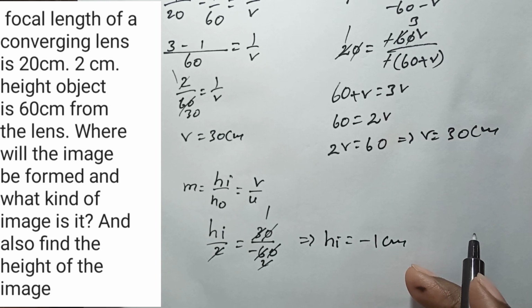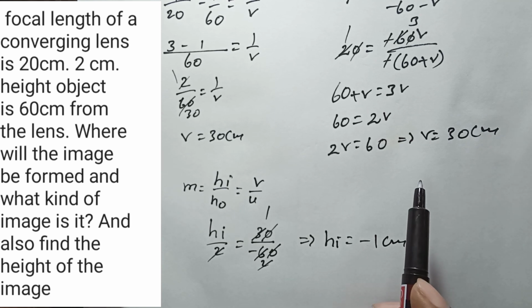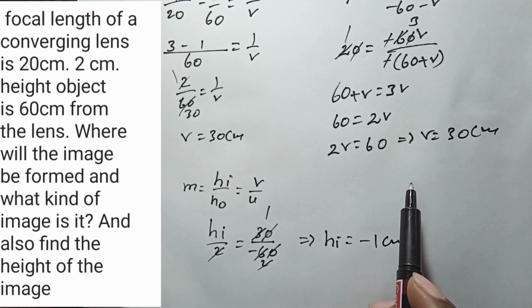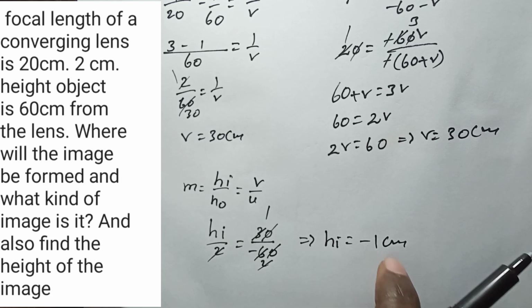Height of the object is 2 centimeters, height of the image is 1 centimeter. This negative sign is telling that we took the object above the principal axis, but we got the image below the principal axis. Inverted image, that means. And next, height of the object is 2 centimeters, but height of the image is 1 centimeter, means a small image we got.